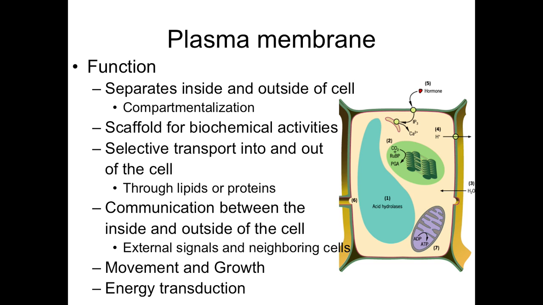In addition, many of the movements of the cell happen at or because of the plasma membrane itself. So, for instance, amoeboid movement, including the movement with pseudopodia or filopodia that you see in fibroblasts.